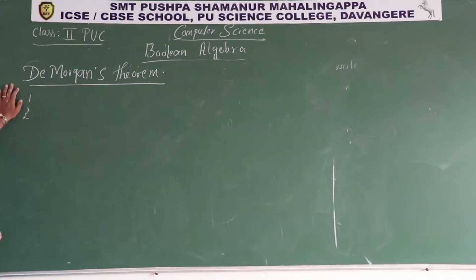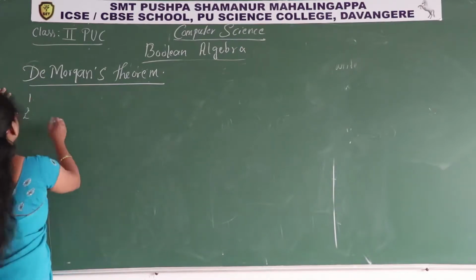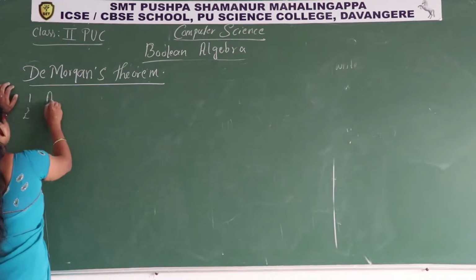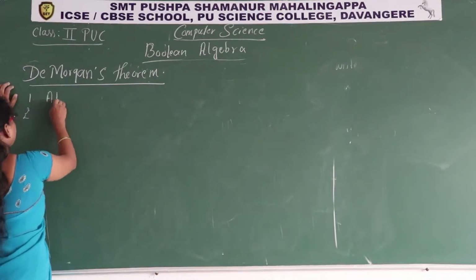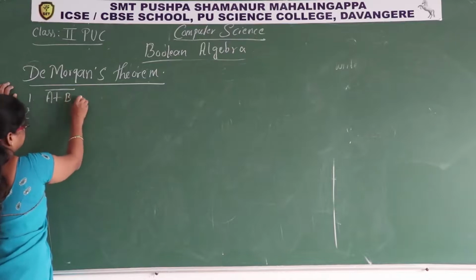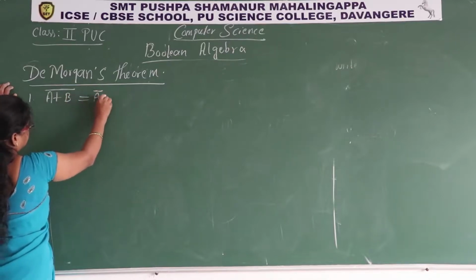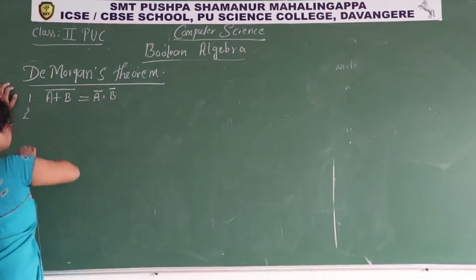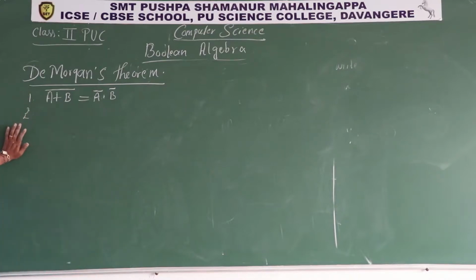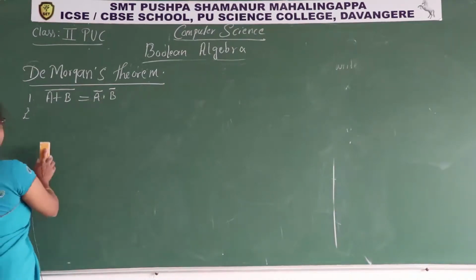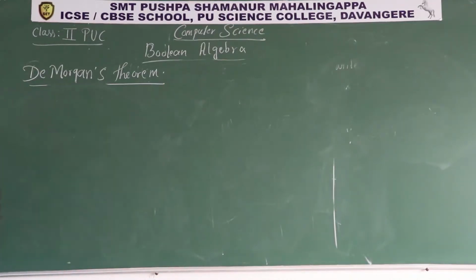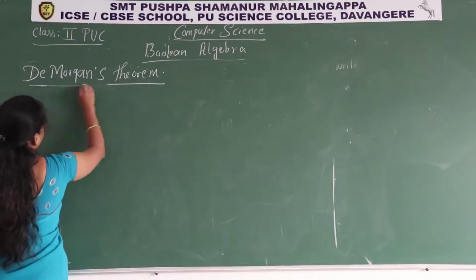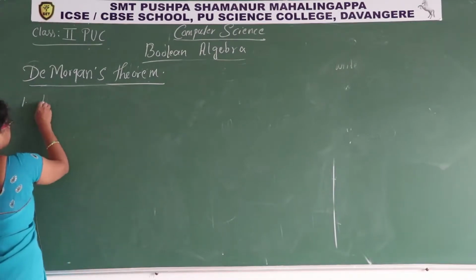De Morgan's first theorem states that A plus B whole bar is equal to A bar dot B bar. There are 4 methods to prove this theorem. One is the algebraic method. You'll get a question on the algebraic method; every time they ask for the algebraic method. So first I'll write the methods.